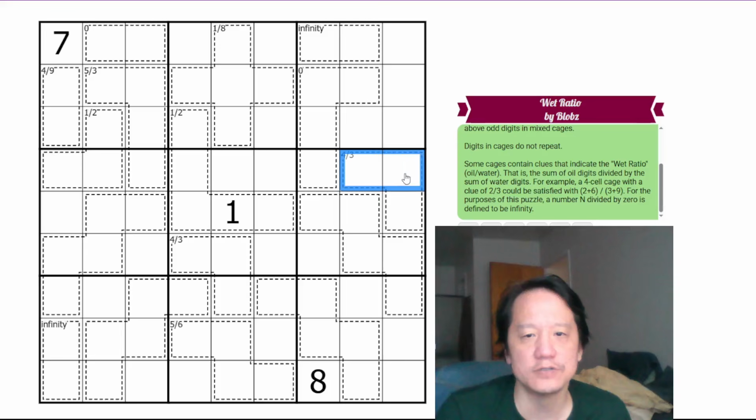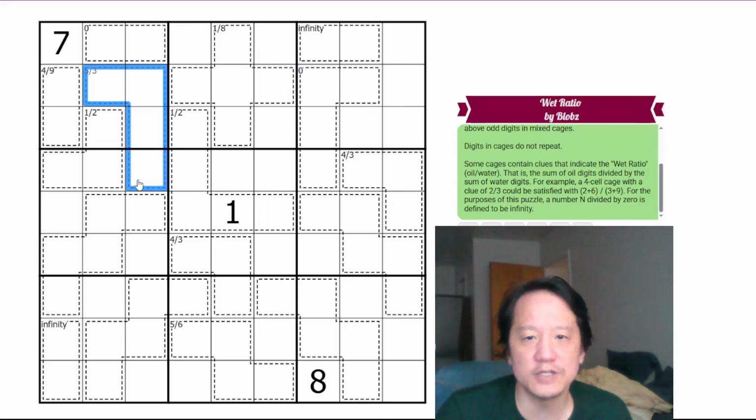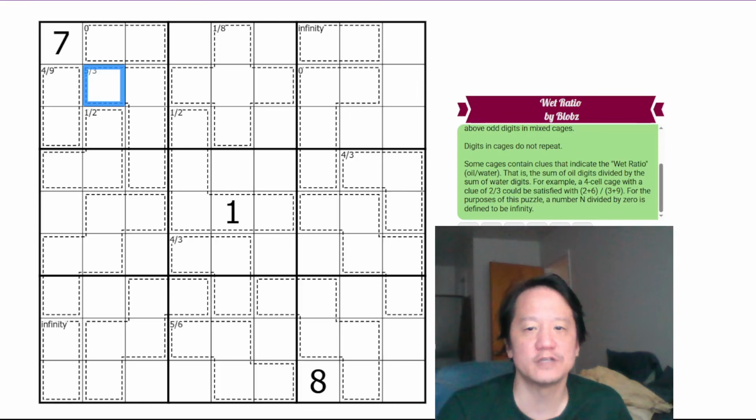Anyways, some cages contain clues that indicate the wet ratio, that is oil to water. That is the sum of oil digits divided by the sum of water digits. For example, a 4-cell cage with a clue of 2/3 could be satisfied with 2 and 6 and 9 and 3.